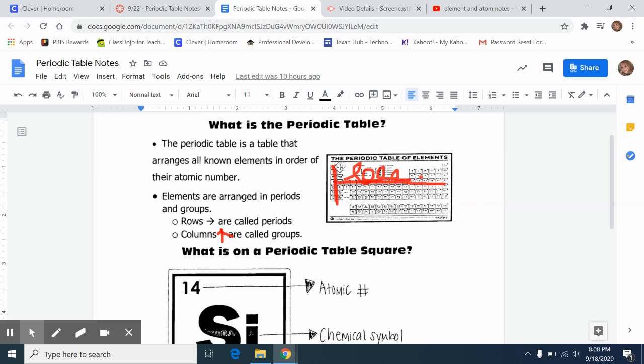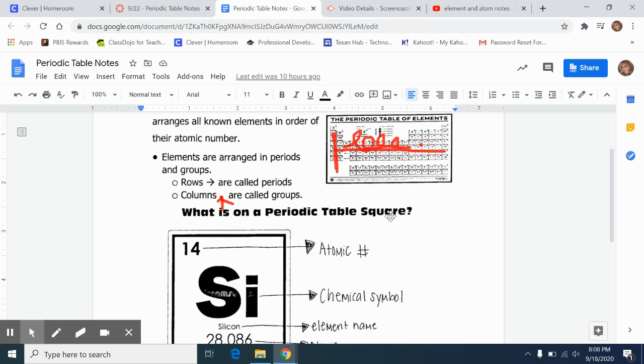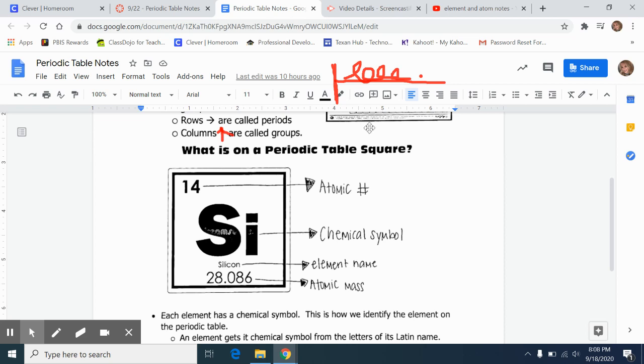For example, the element with atomic number 1 is going to be in the top left-hand corner. And then we've got 2 over here, 3, 4, 5, 6, 7, 8, 9, 10, 11, and so on. So it's a great way to identify elements.